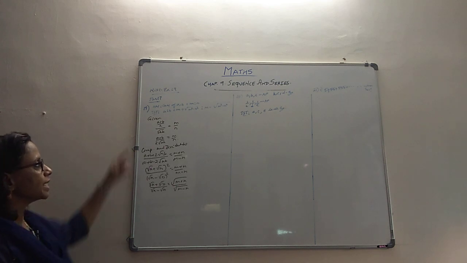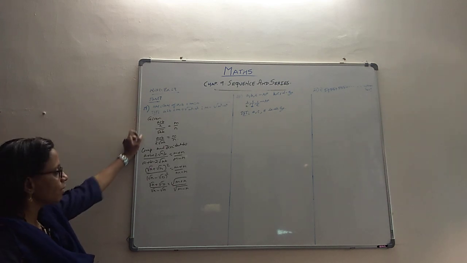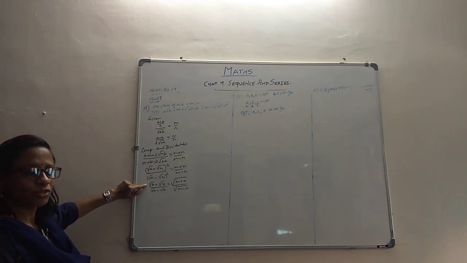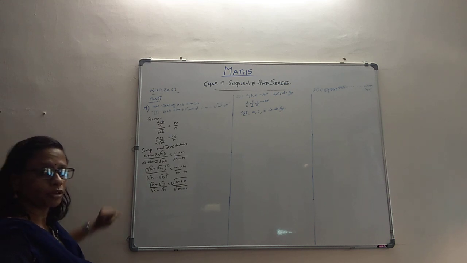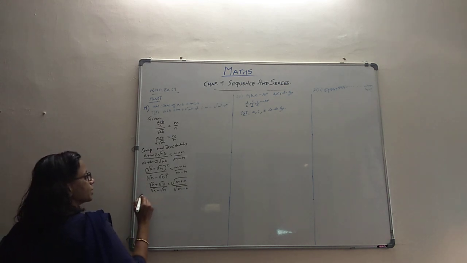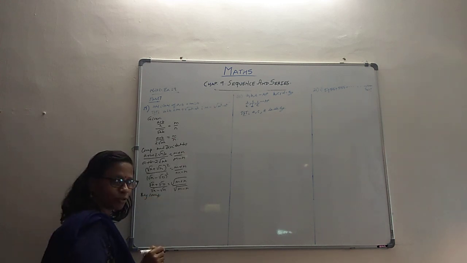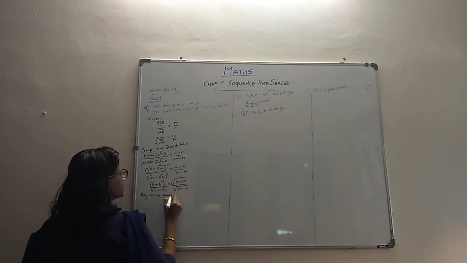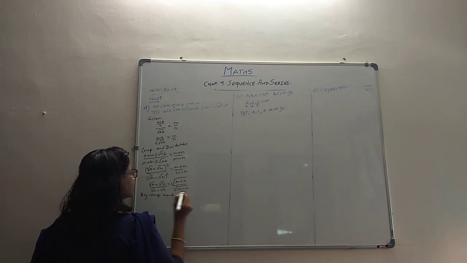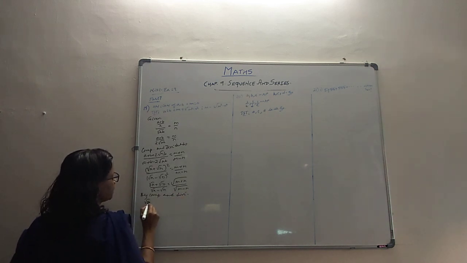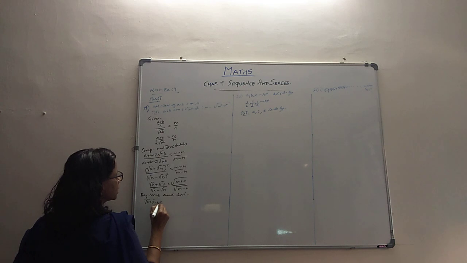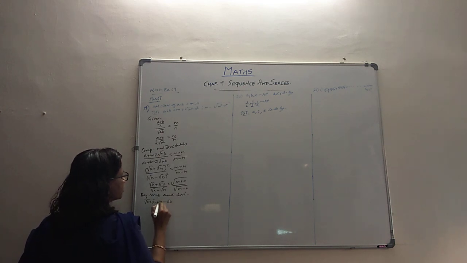Our idea is to get a and b, so somehow we have to have this root removed. We'll do one thing: we'll apply componendo and dividendo once again. Root a plus root b, numerator plus denominator, numerator minus denominator.